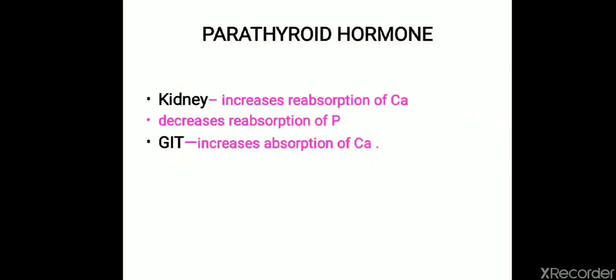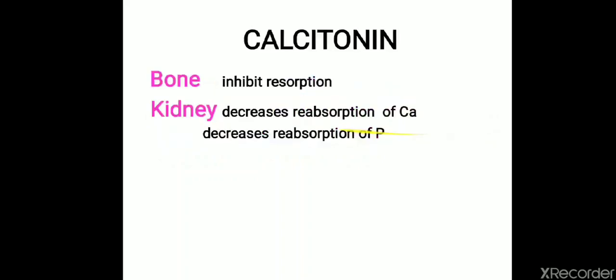Regarding parathyroid hormone, in the kidney it increases the reabsorption of calcium, whereas it decreases the reabsorption of phosphorus, and in the gastrointestinal tract it increases the absorption of calcium. The net effect of parathyroid hormone is to increase blood calcium level. In bone, parathyroid hormone increases the bone resorption process.